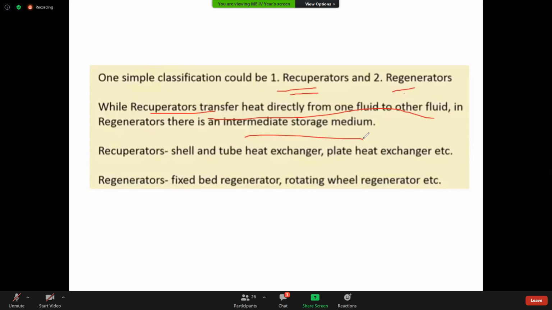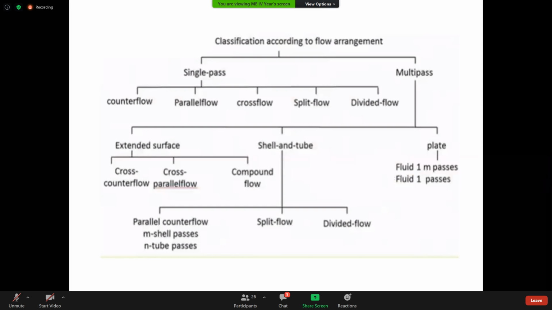So regenerator types are the fixed bed regenerator and rotating wheel regenerator, and recuperator types are the shell and tube heat exchanger, plate heat exchanger, and so on. So these are the broad classifications, right?